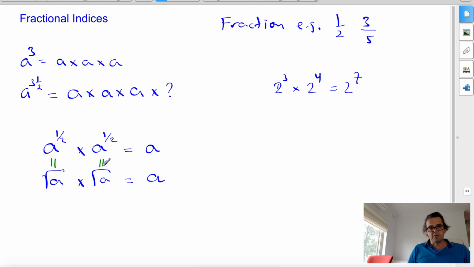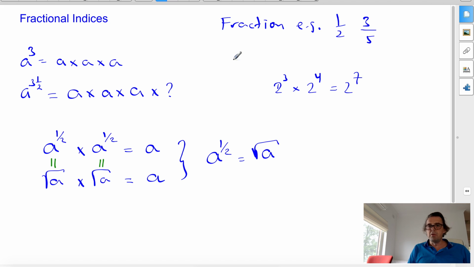Can't be any otherwise. 2 equal things multiplied are a. Therefore these must be equal. So the result here is that a to the power 1/2 actually means the root of a. So that's how we work with fractional indices.